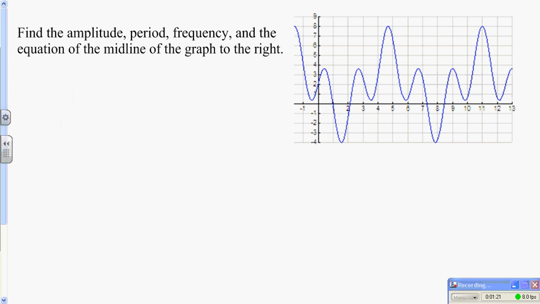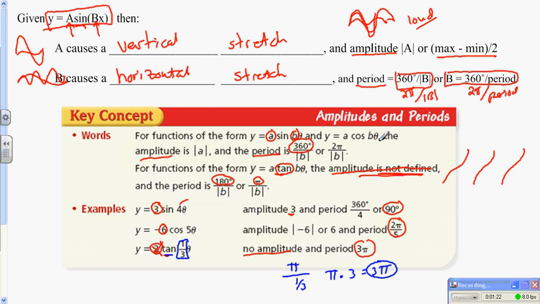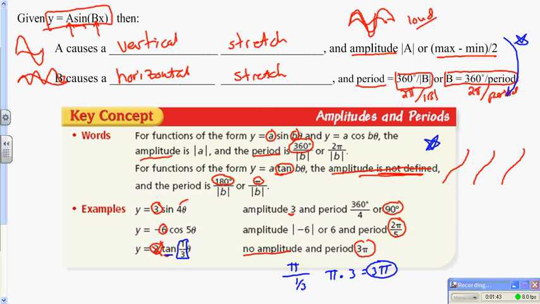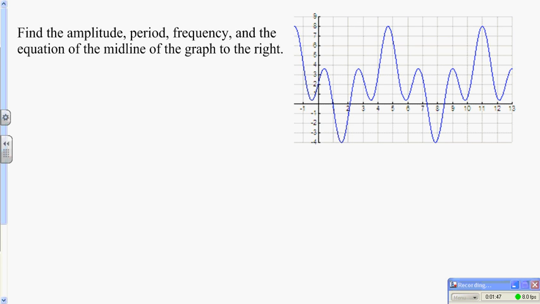Alright, now we have this table that tells us some things right here. We also have these pieces. Now, we're going to use those to do this question. The amplitude, it says on the previous page, can be found by doing this also. The maximum minus the min divided by 2.